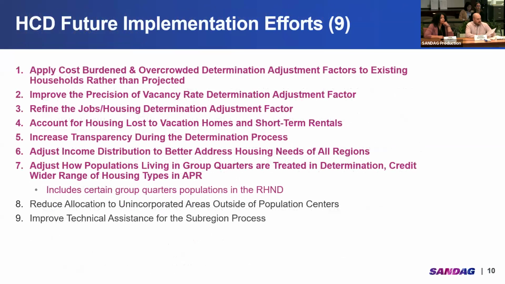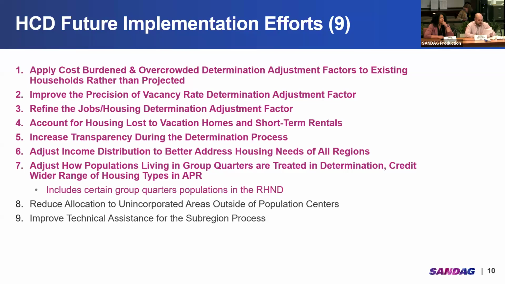Thanks, Tori. So I will now go over HCD's future implementation efforts. These are process changes that HCD can make under their existing authority, and changes that we can all expect to see within the 7th determination, allocation, and housing element process.